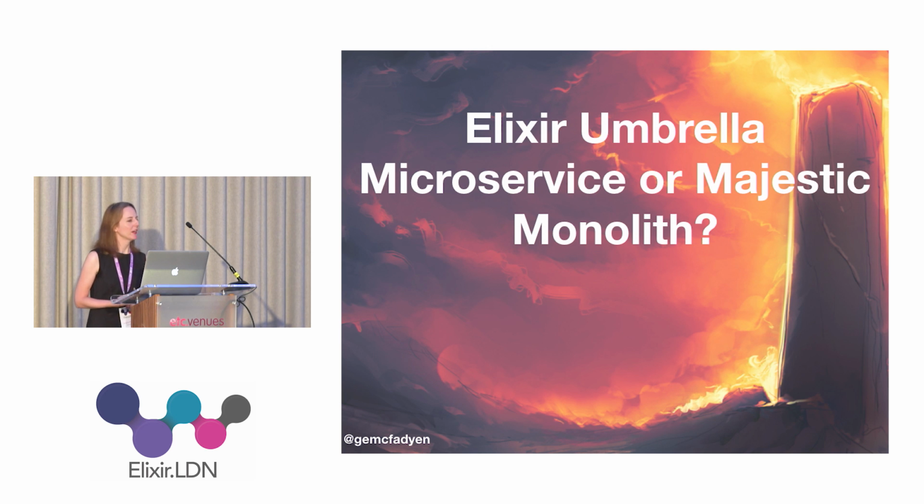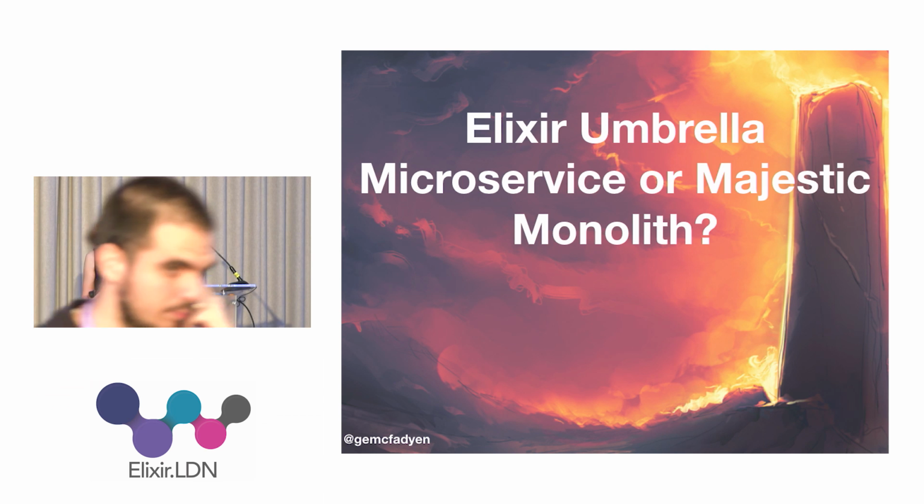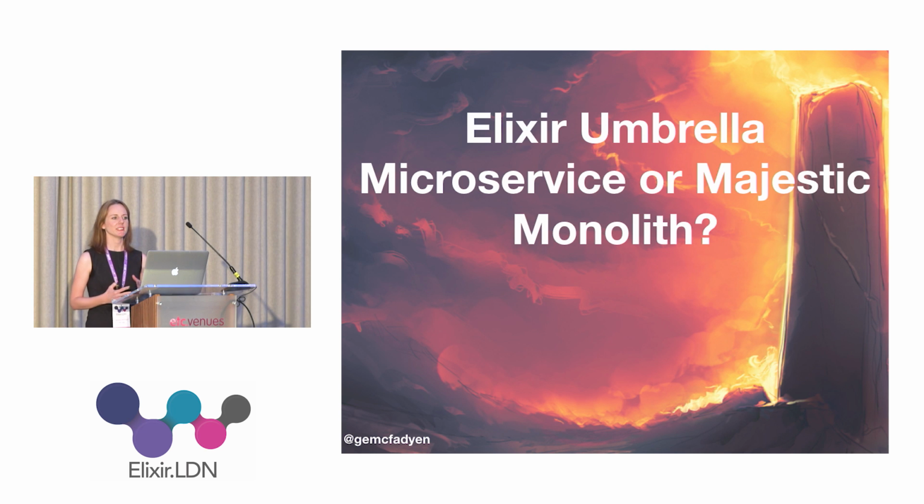So, coming back to the title of the talk, is the umbrella project a good fit for microservices? These days, a lot of projects are very large and very complex, so the ability to break that problem down and actually work on different pieces independently can be really useful. On the other hand, a monolith has a really negative connotation.